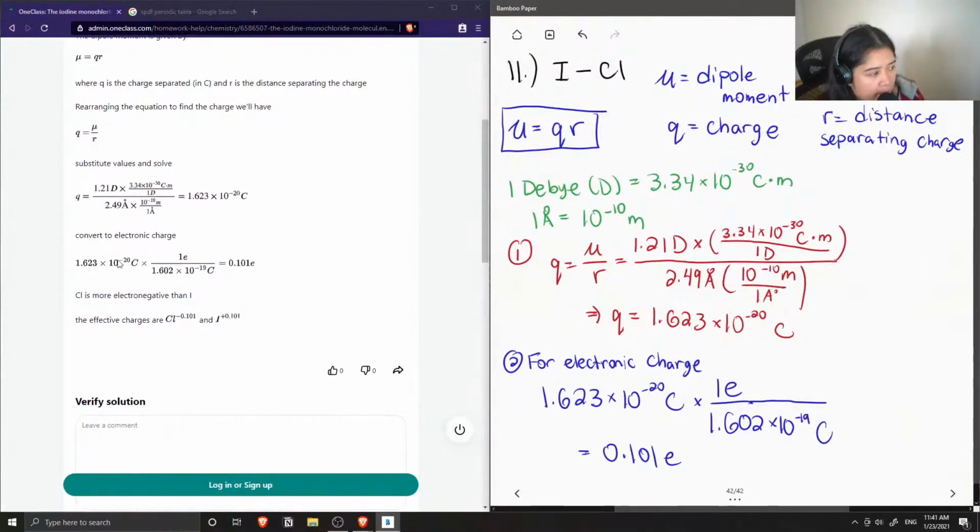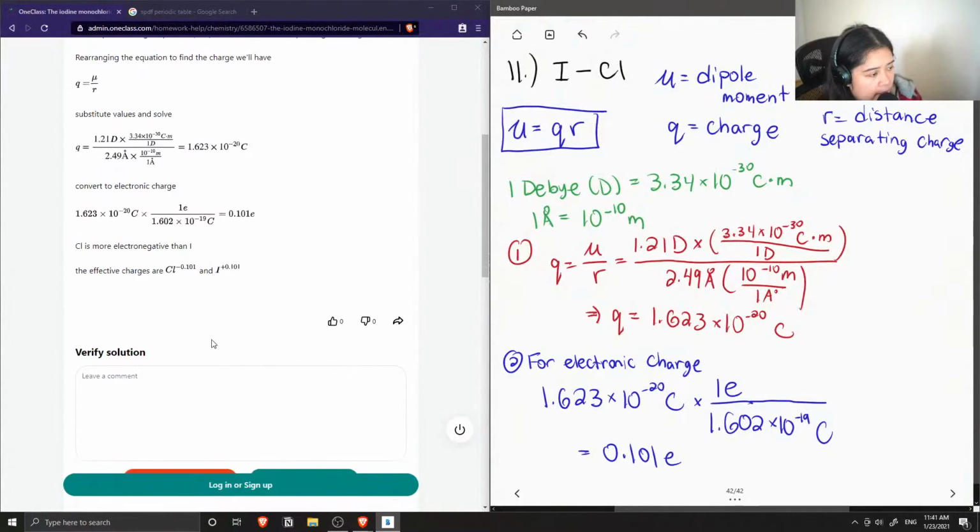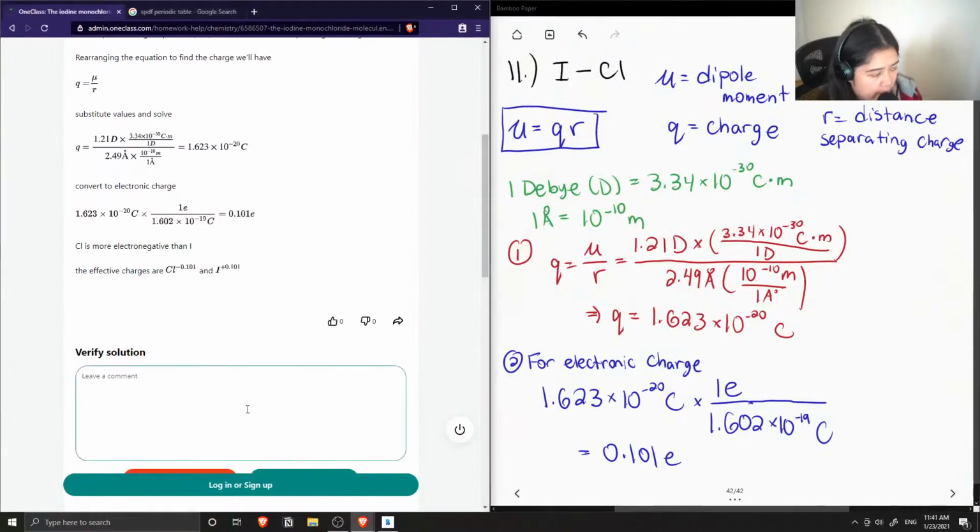And then they converted to electronic charge, so they got 0.101. And chlorine is more electronegative than iodine, so they just summarized that the effective charges would be chlorine negative 0.101 and iodine positive 0.101. So the solution is correct.